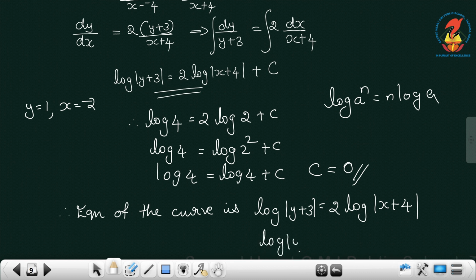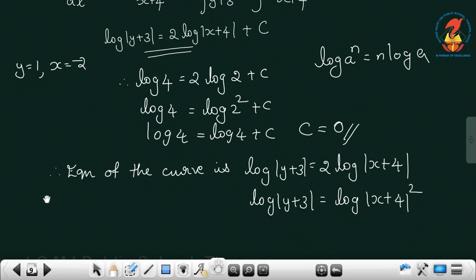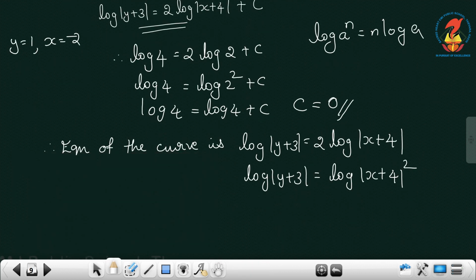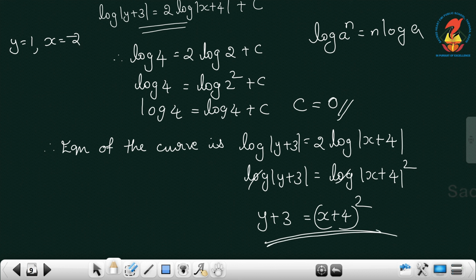So, log mod y plus 3 is equal to log mod x plus 4 square. Then cancel that log. When we cancel, then without the modulus symbol you can write y plus 3 is equal to x plus 4 whole square. So, this is the equation of the required curve.